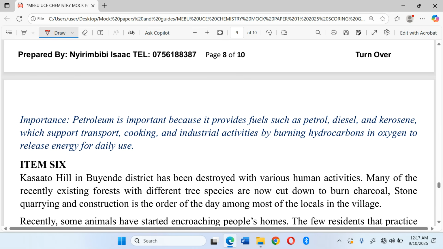So when you look at this point, petroleum, you recall we are saying that when we talk about the importance, we look at the importance of these natural resources, but that importance should not be in line with that material or that resource being affected.